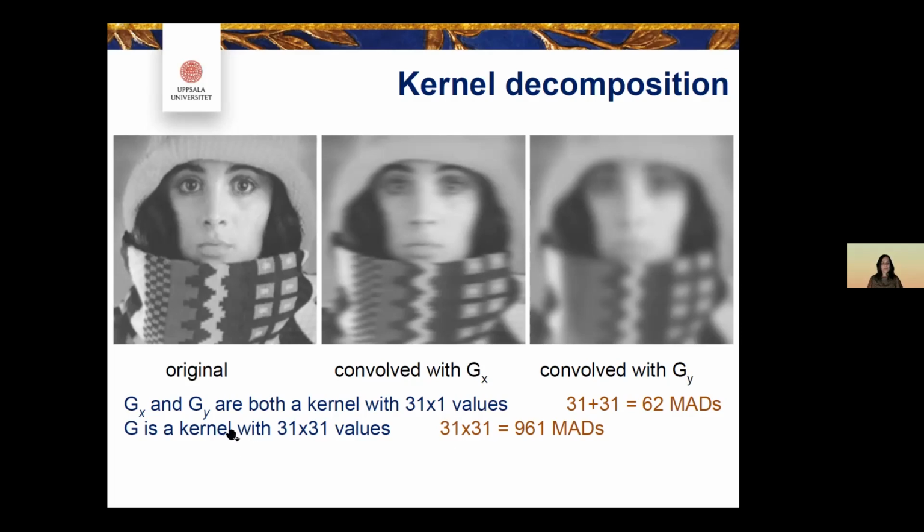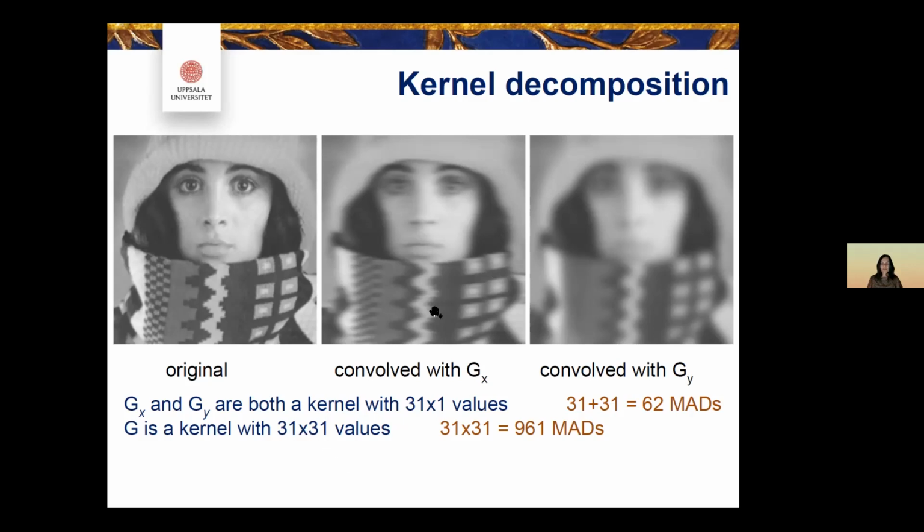However, if we look at the number of operations used in both versions of this type of filtering, let's say we have quite a big Gaussian, so 31 times 31 is the size of the kernel.